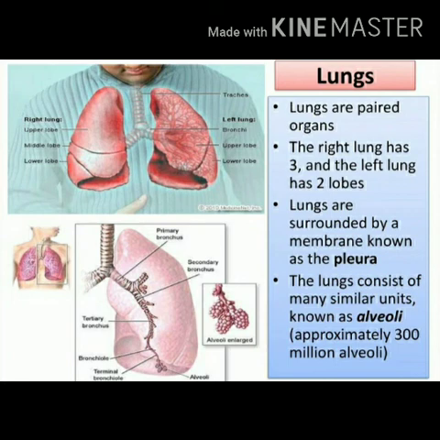Now we discuss the lungs. The lungs are a paired organ, one on the left side and one on the right side. The right lung has 3 lobes and the left lung has 2 lobes. The lungs are surrounded by a membrane called the pleural membrane.